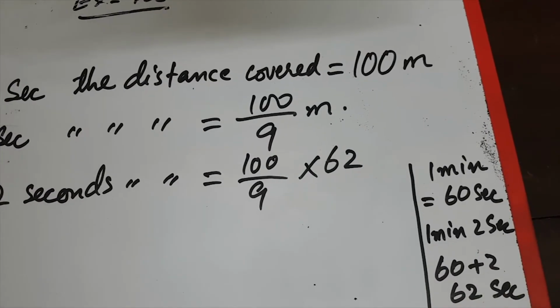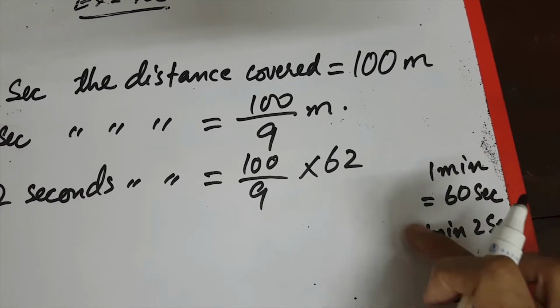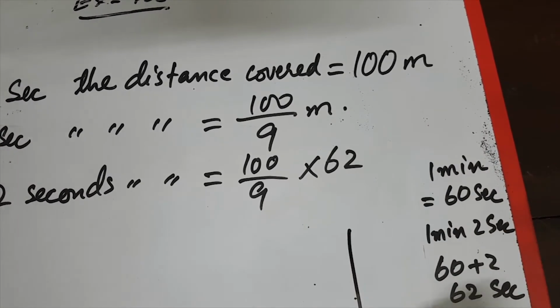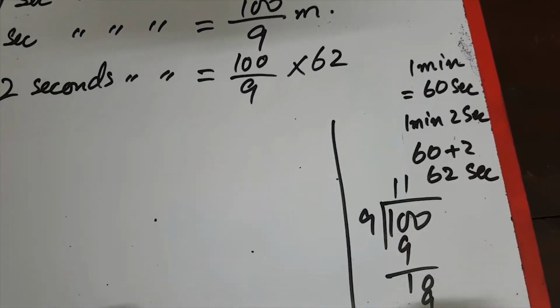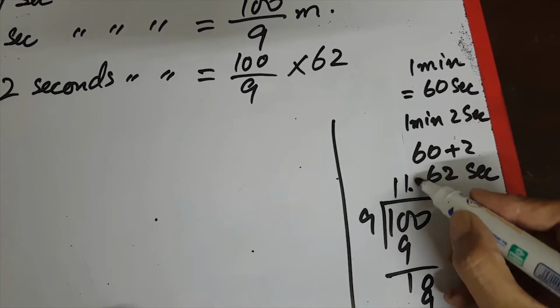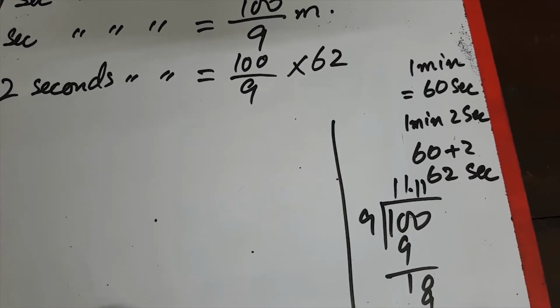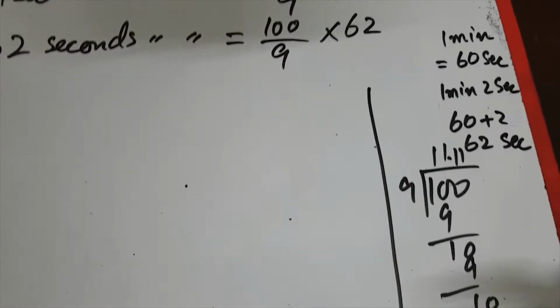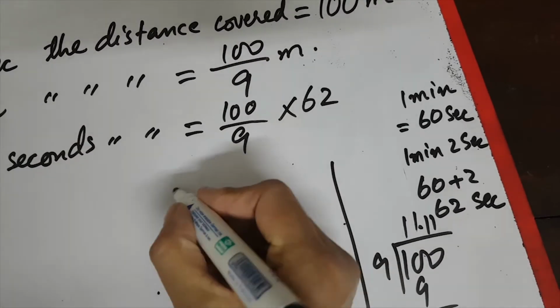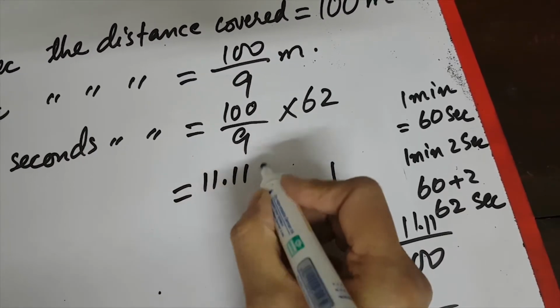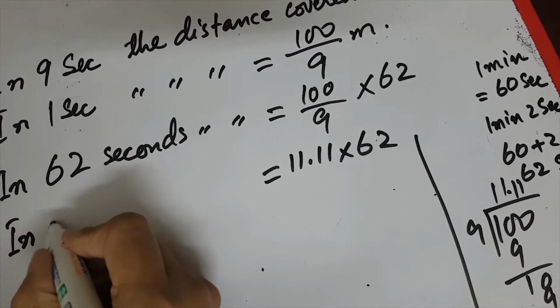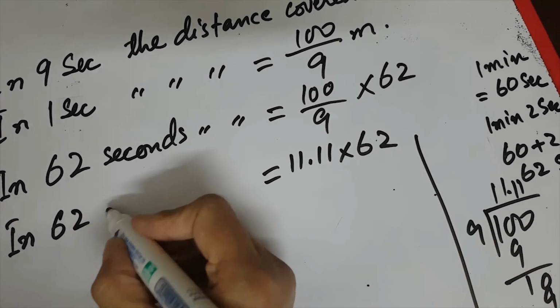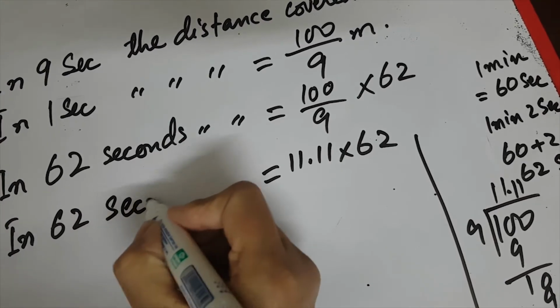So you can do the division of 100 upon 9. 9 1 is 9, 1 left, 10, 9 1 is 9, 1 left, and there's no end to this question, so solve for just this much and you will get 11.11. So 11.11 into 62 will be the distance covered by the man in 62 seconds.